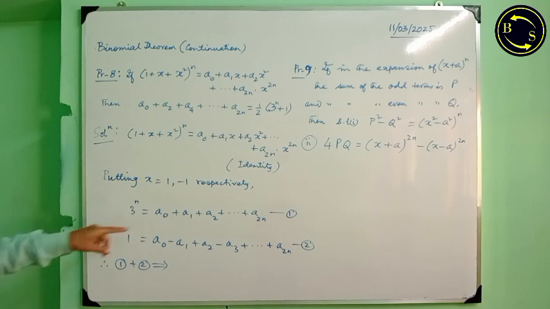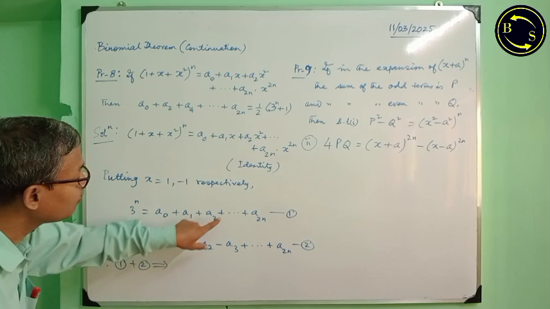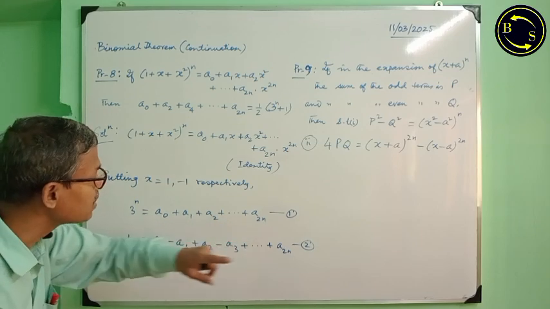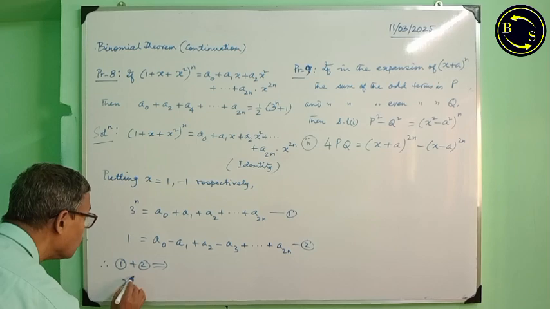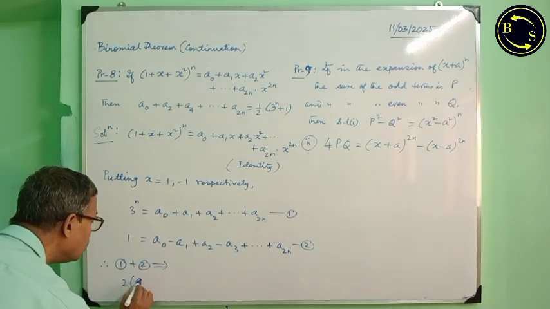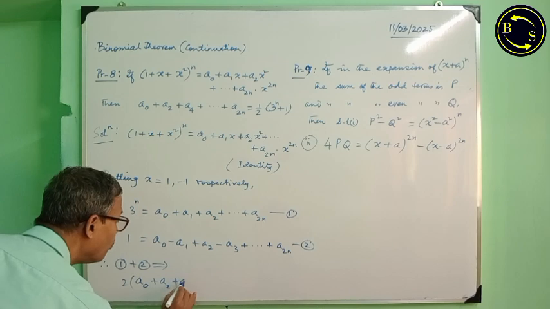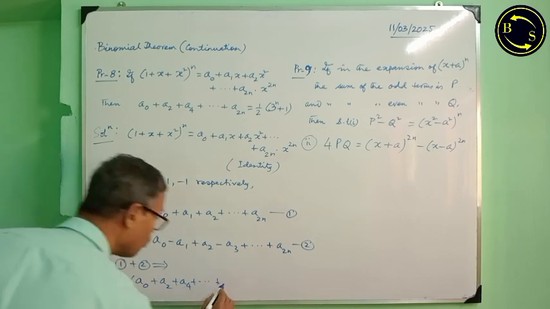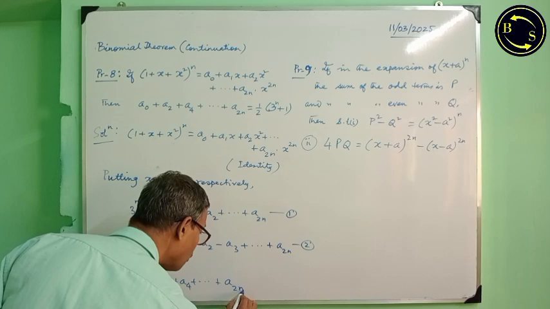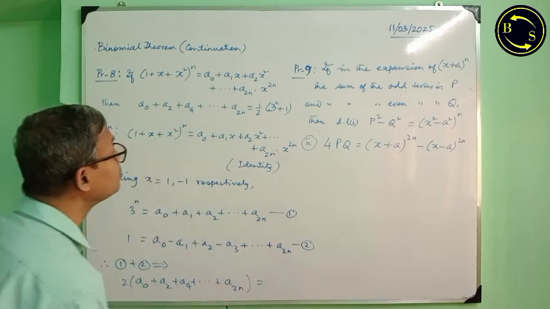Terms occupying even places, second place, then fourth place will be cancelled. Therefore, we shall get 2 into, all will be doubled. And 3 to the power n plus 1.